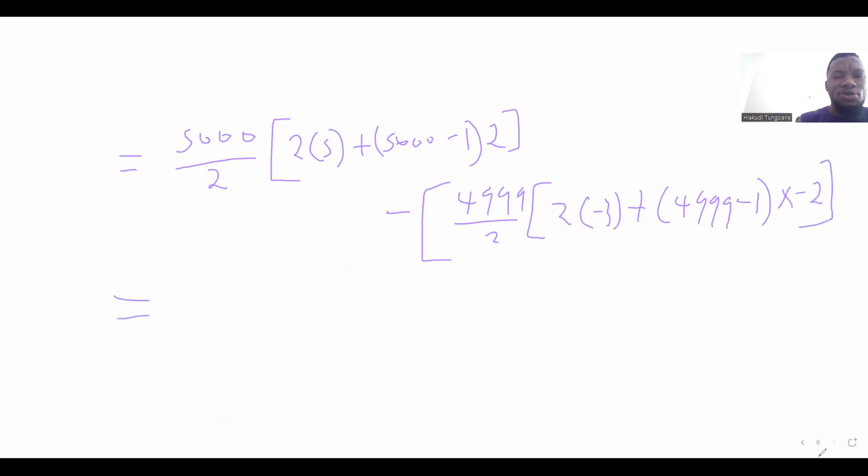Okay, so then we just need to simplify those two terms to get to your final answer. At this point, I'll just punch the calculator and get the answer. So let's see what the answer is going to be. Okay, so that equals 4,999 times 2.